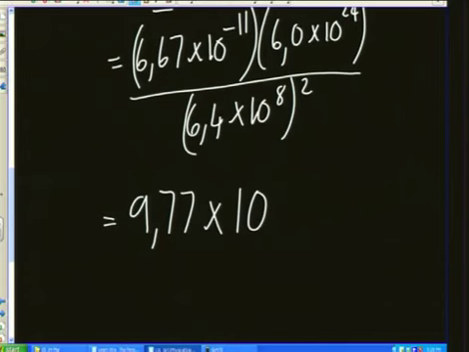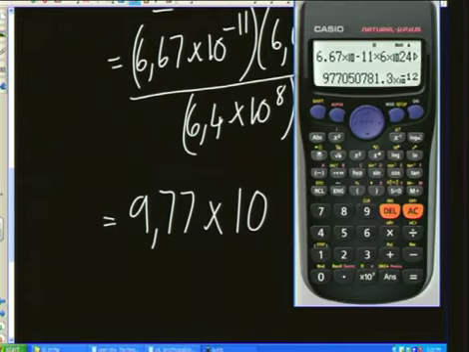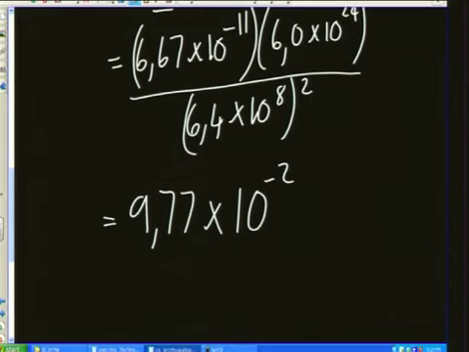Now, let me try and work out what it's given me, because I've made a really silly mistake there. I thought I was getting to the scientific notation, and I'm not. So that's going to be times 10 to the minus 2, I think.